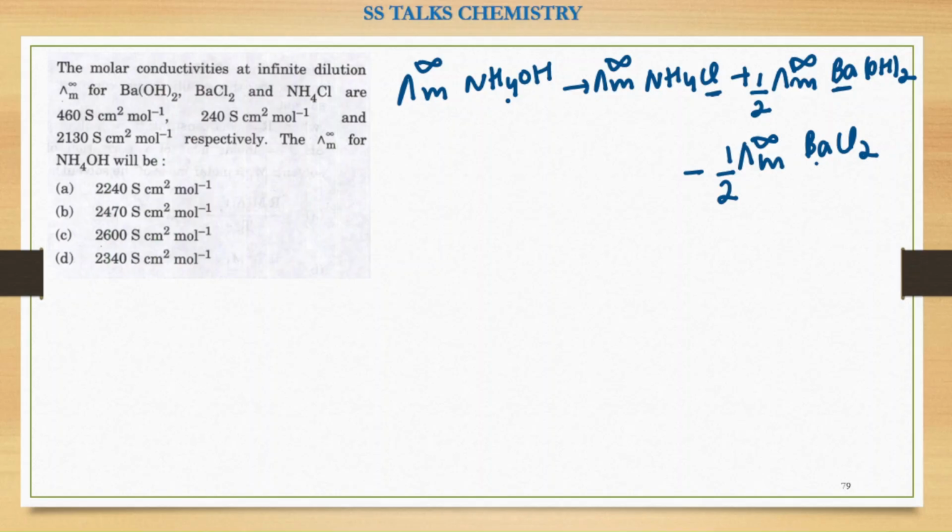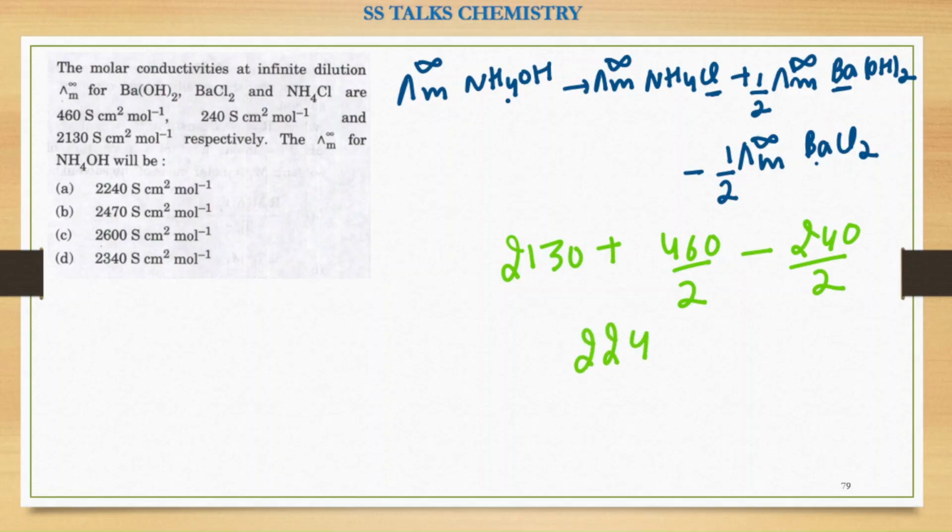For ammonium chloride, the value is 2130. For barium hydroxide, it's 460, which is divided by 2. And for barium chloride, the value is 240, which is divided by the factor of 2. So solving this, the value we will be getting is 2240 Siemens centimeter square per mole. This is going to be the answer that is given to us in option A over here.